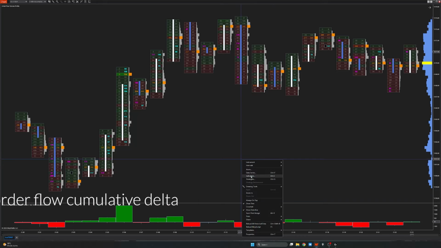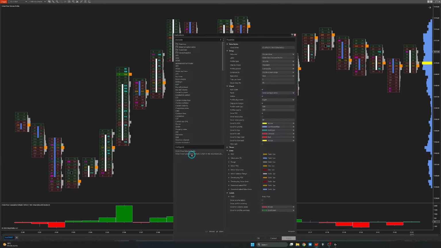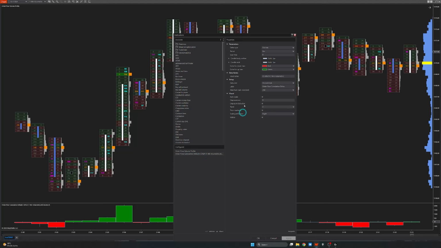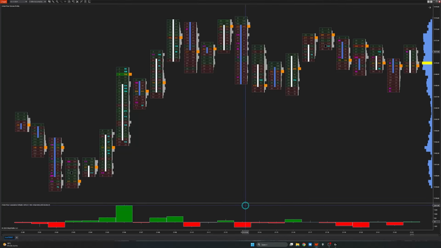Now, here's the thing. Generally, when we're talking about order flow cumulative delta, you're used to seeing it as a session. So you're just going to see a line right here if the cumulative volume delta is up or down. However, you have the option to select on bar. And basically what that does is that it gives you the delta progression through this exact bar.